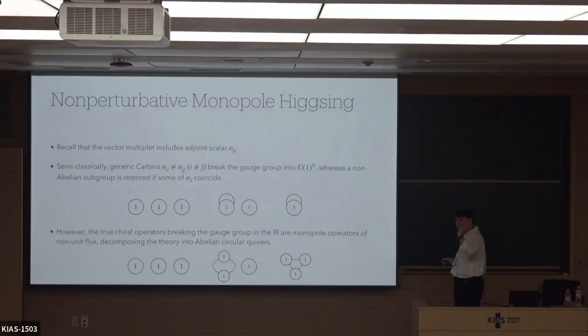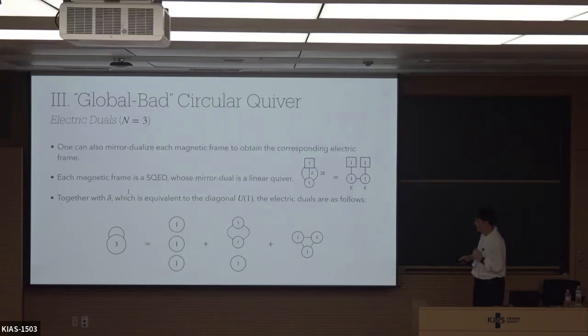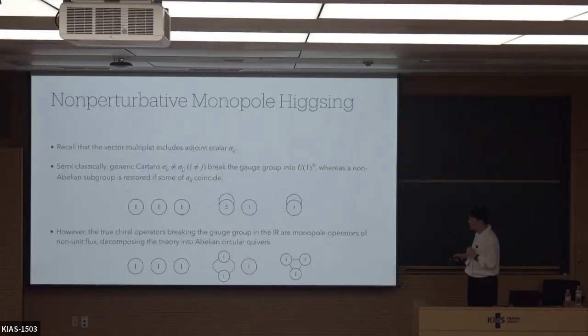But if some of the Cartans of this adjoint field happen to be the same, then the non-abelian symmetry is restored. So at some point on the moduli space, you would get U(2) times U(1), or even U(3) at the origin, right? That's our classical picture. But our computation tells us that there is no such non-abelian restoration.